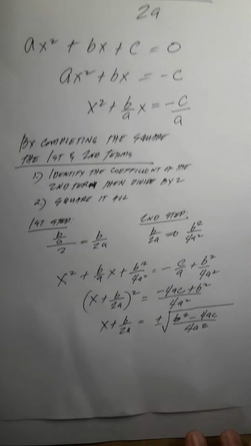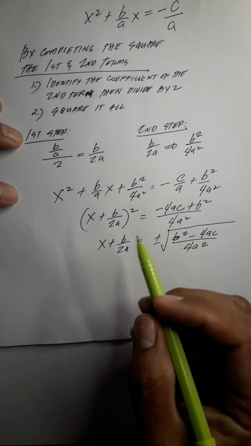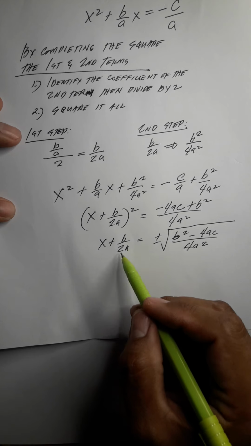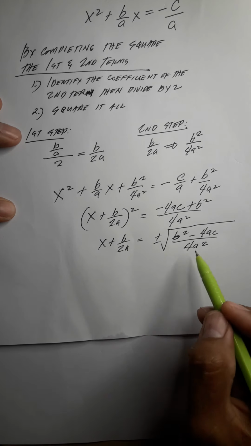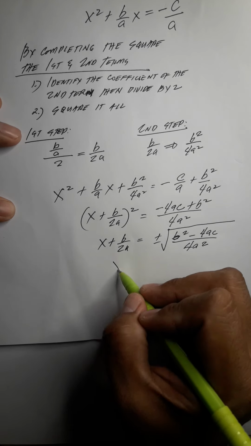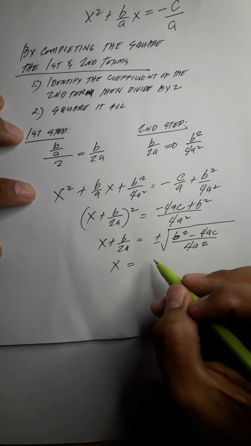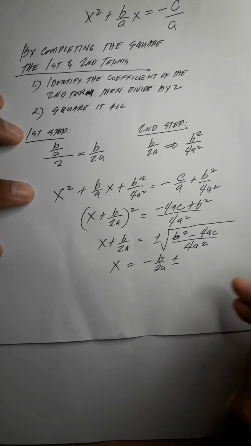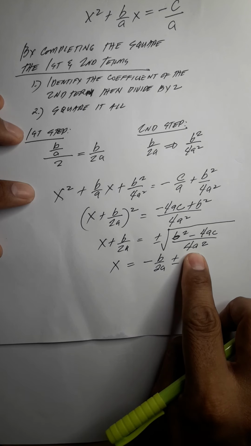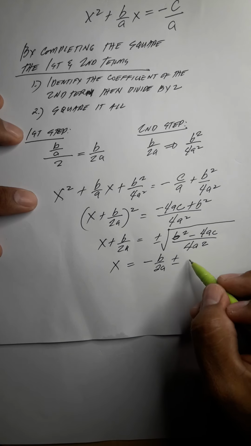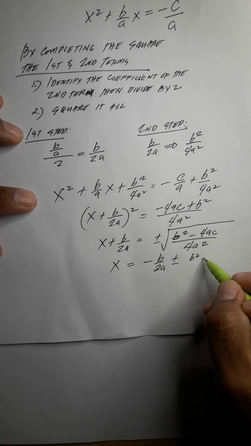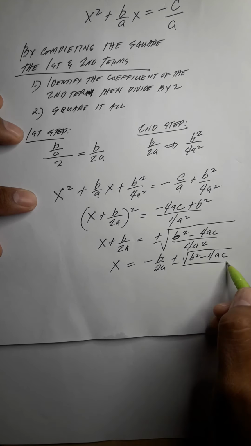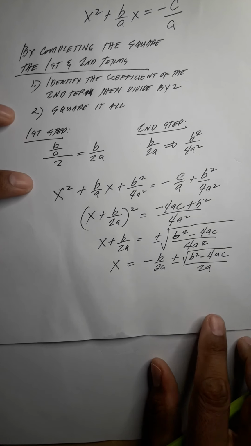Then we subtract b over 2a on the left and the right side. So now we have x equals negative b over 2a plus or minus, we bring this out of the radical sign, the square root of b squared minus 4ac over 2a.